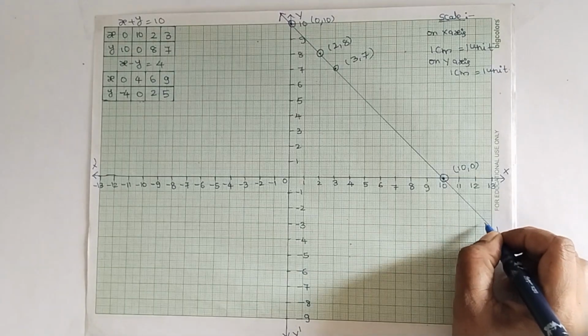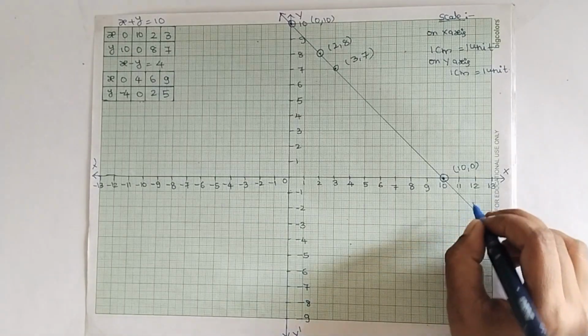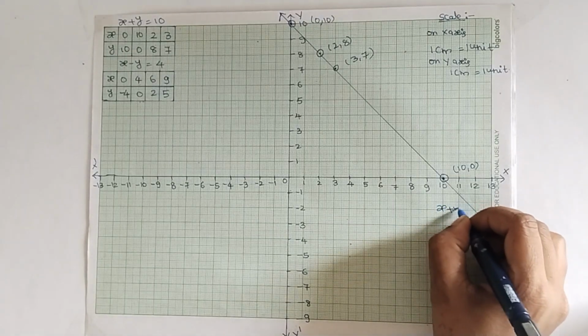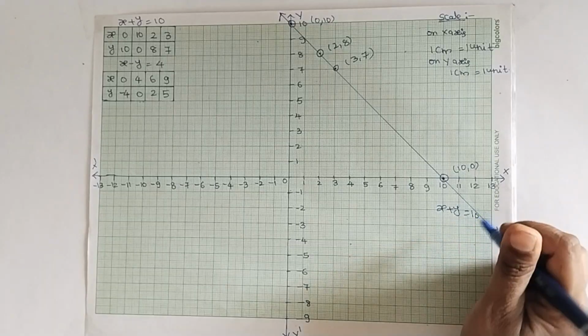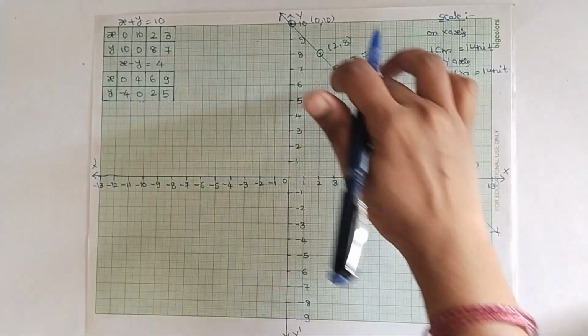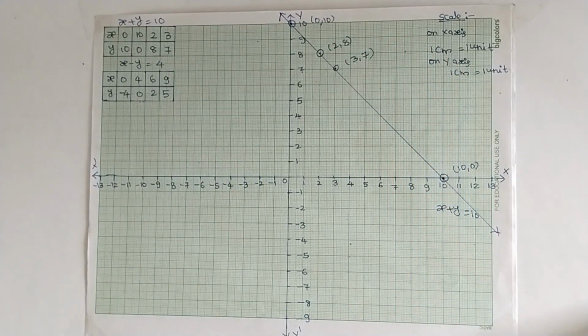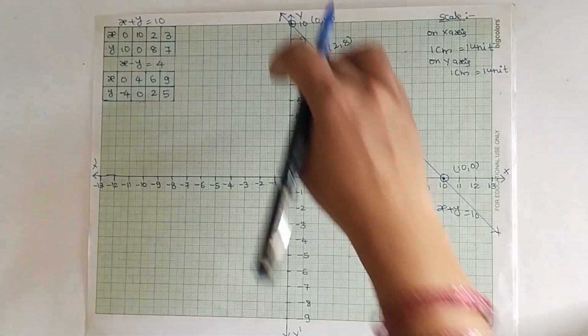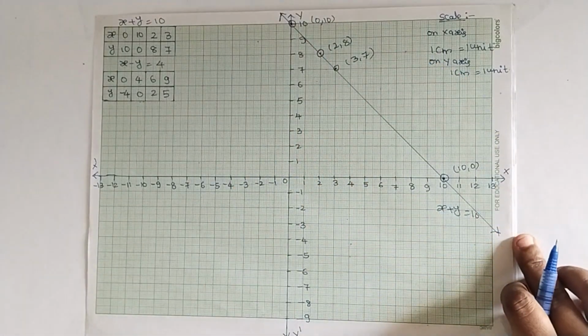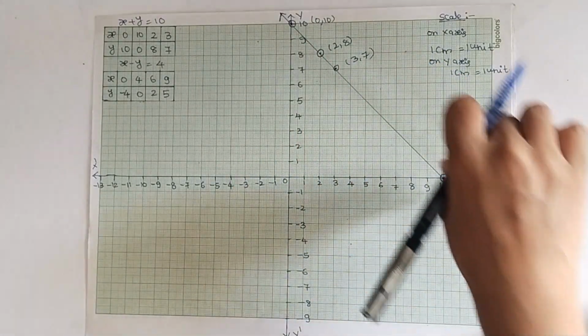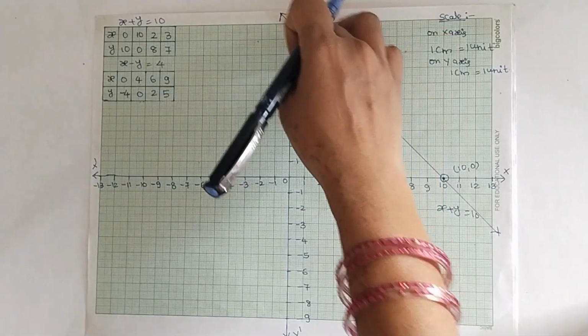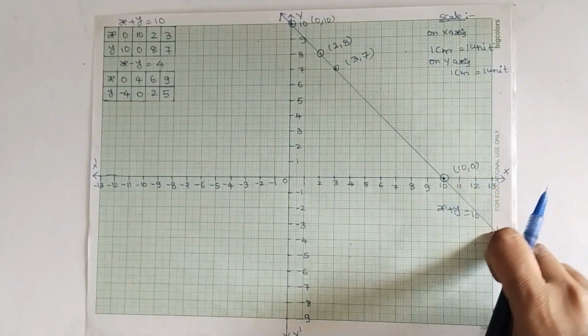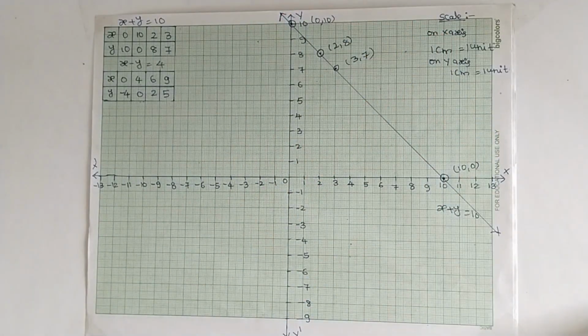Here you have to write which equation it is: x + y = 10. Here we have joined 4 points, and as a linear equation is always a straight line, by plotting these 4 points and joining them we got a straight line.